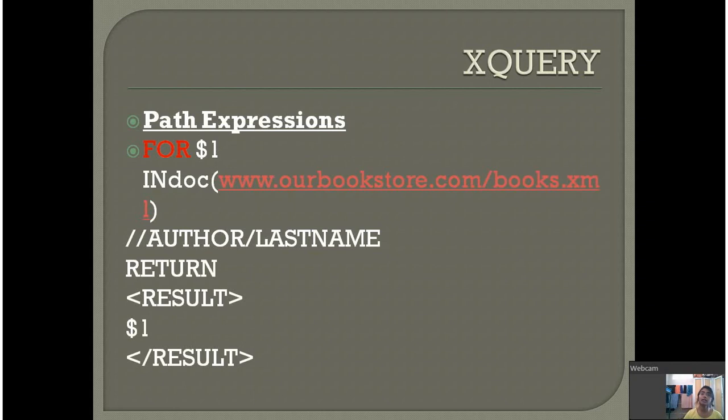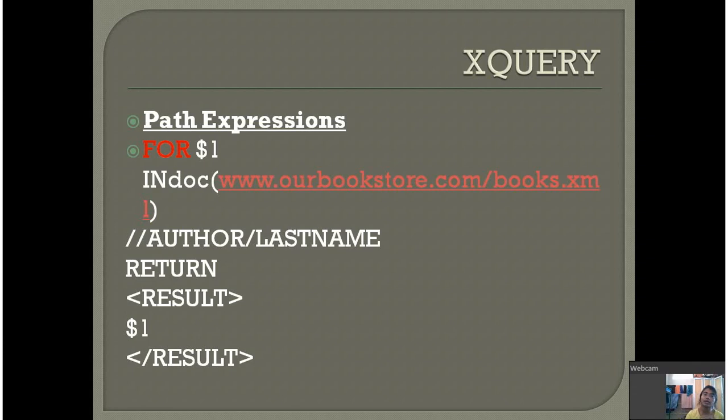After that, for retrieving data from an XML document we use XQueries. Here, for is basically like from that we use in SQL, and return is similar to the select that we use in SQL.